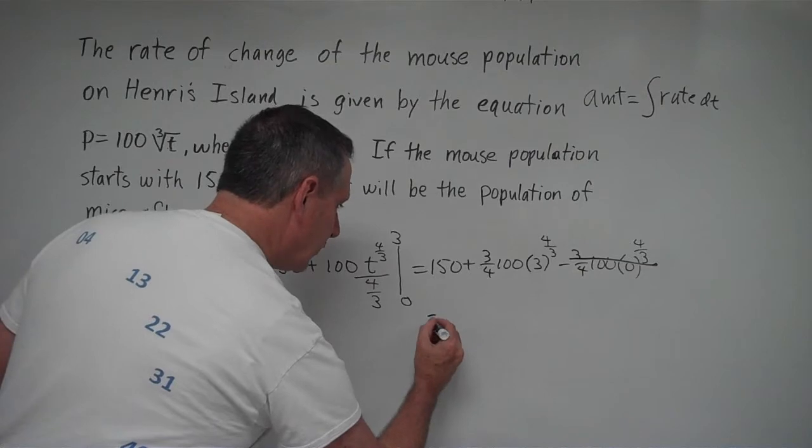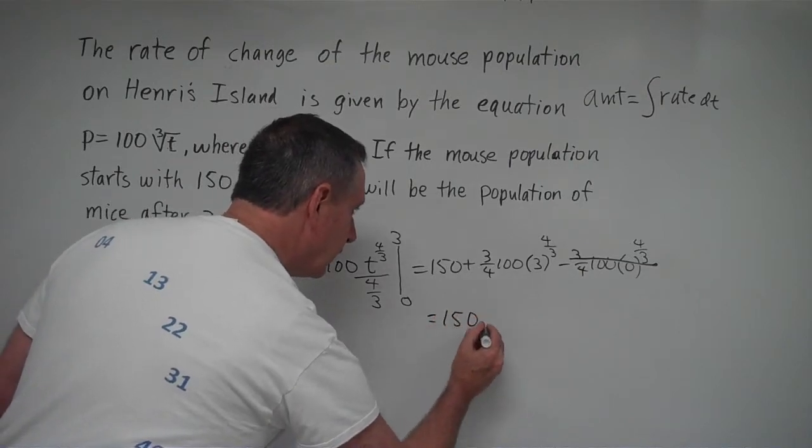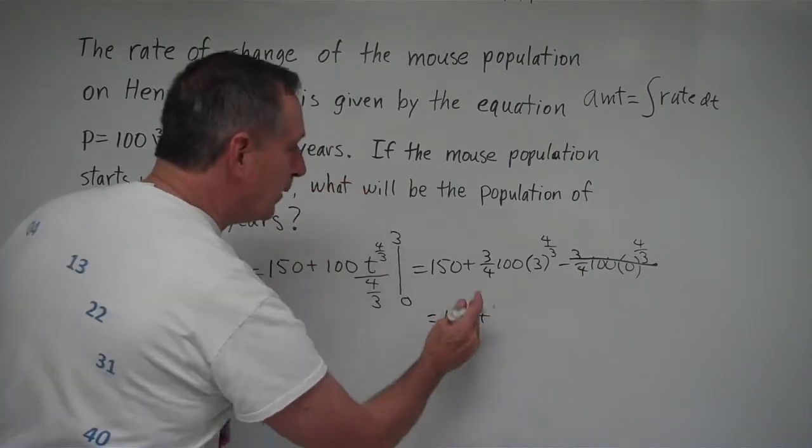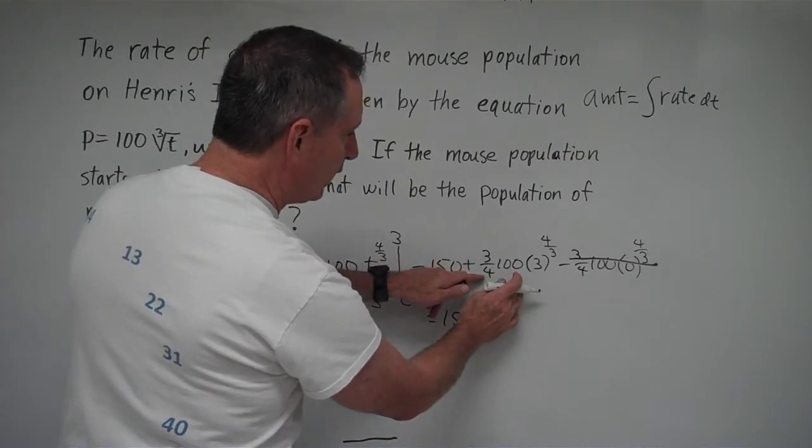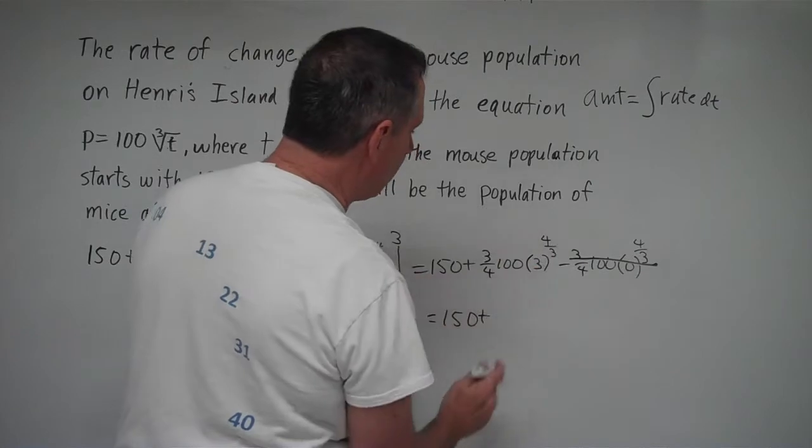So we're going to be left with 150 plus 3/4 times 100, that's 75, times 3 to the power of 4/3.